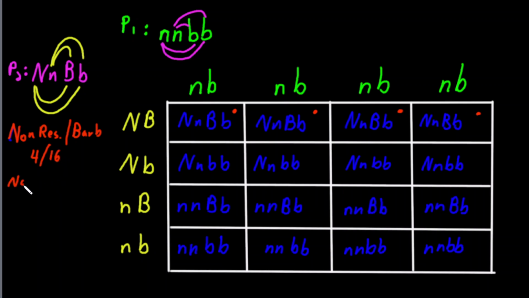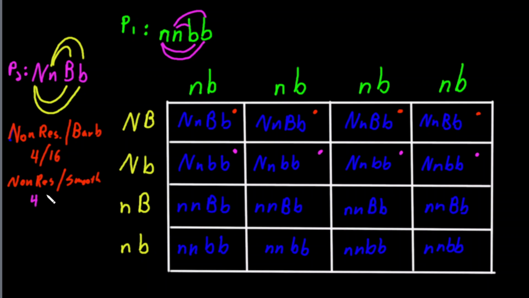Now let's do non-resistant and smooth. This one is definitely non-resistant and smooth, so we'll count it. Non-resistant and smooth, each of those. These and all of these are resistant because I'm homozygous recessive for all of these possible offspring.